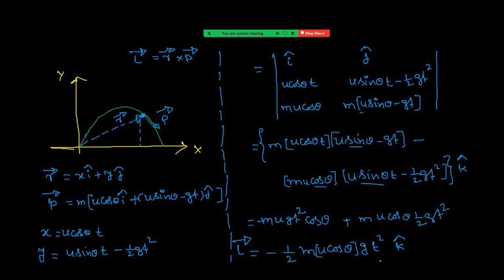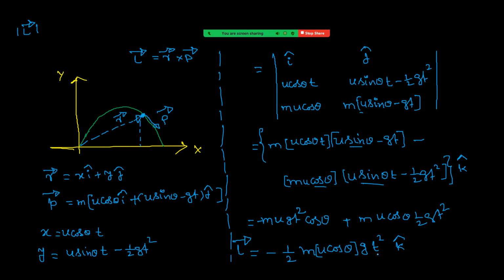Now in this we can substitute the given time, then we get the answer. And you can say one more thing: in case of an oblique projectile, angular momentum about the point of projection, if you focus on the modulus value, half is constant, mass constant, u cos theta and g constants.